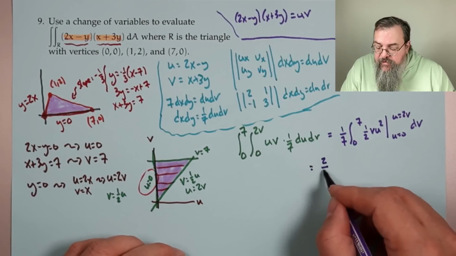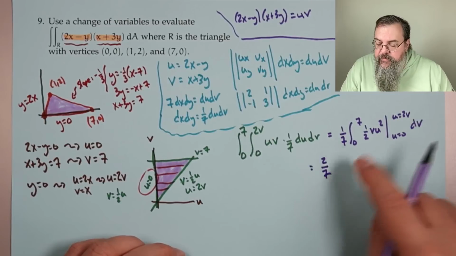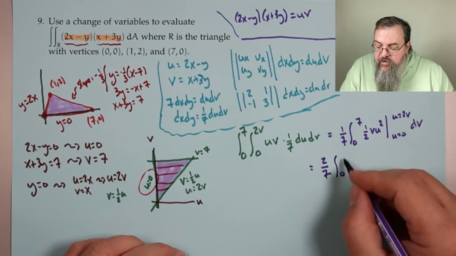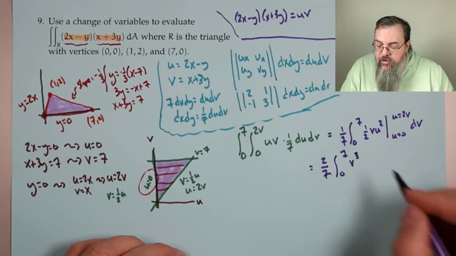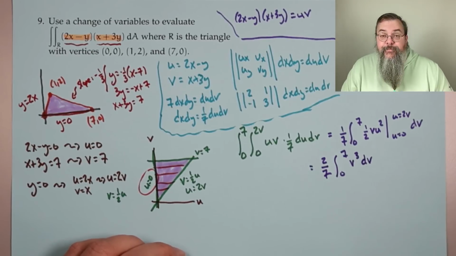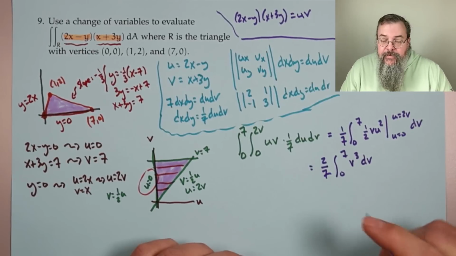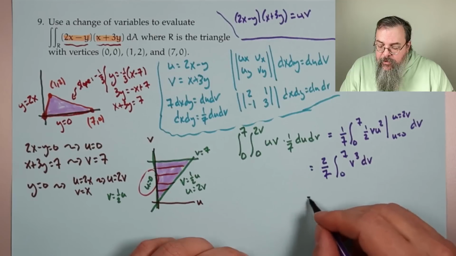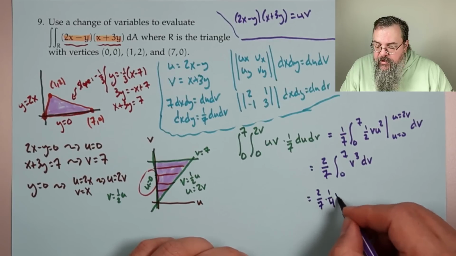So that's 2 over 7, right? 2 squared times a half, pull the 2 out. Integral 0 to 7, v times v squared is v cubed. All right. Well, now the integral of v cubed is 1/4 times v to the 4th.